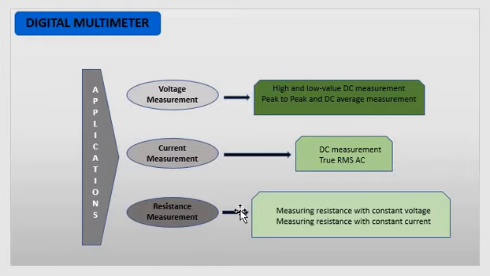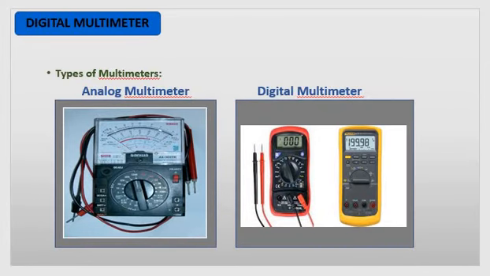Other than these three, we can measure the frequency using a multimeter, we can measure the value of capacitance, and we can check the transistor and the diode, etc. So additional features are also provided in some multimeters, and depending on our requirement, we can select the model and type of the multimeter.